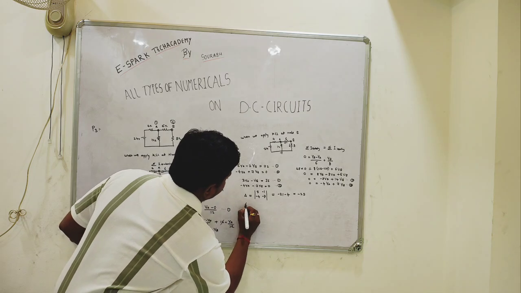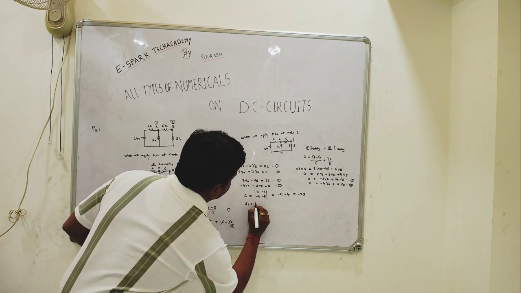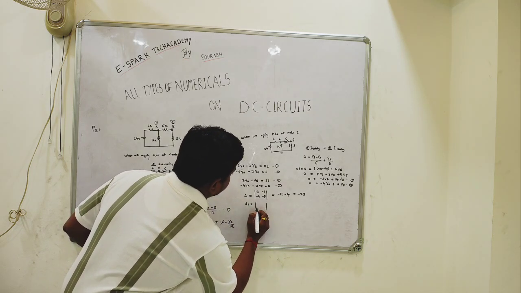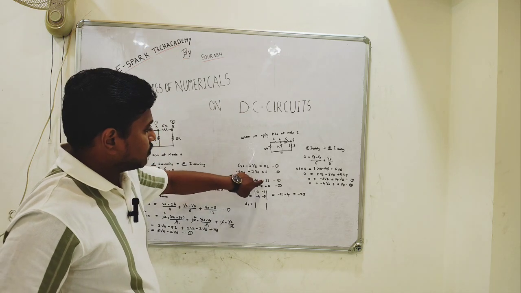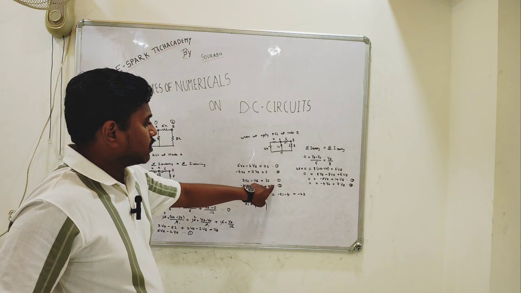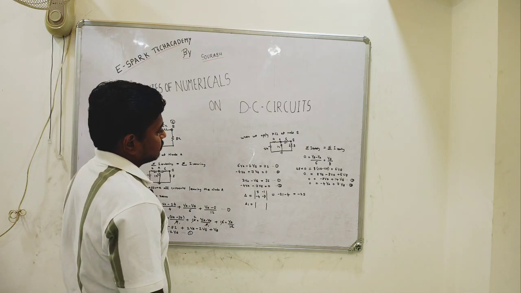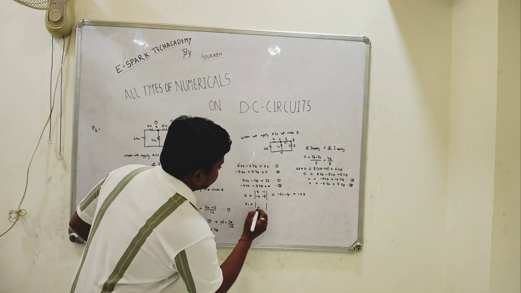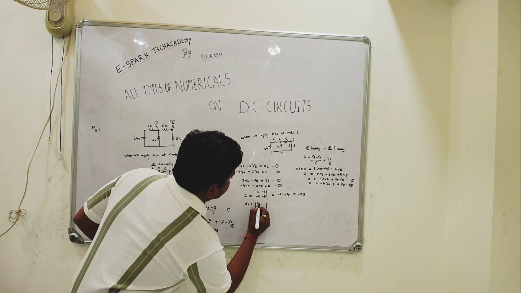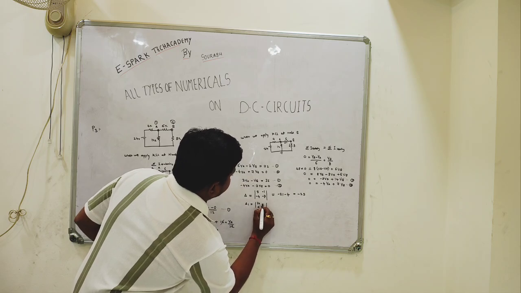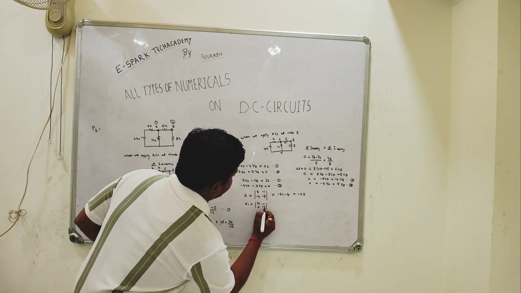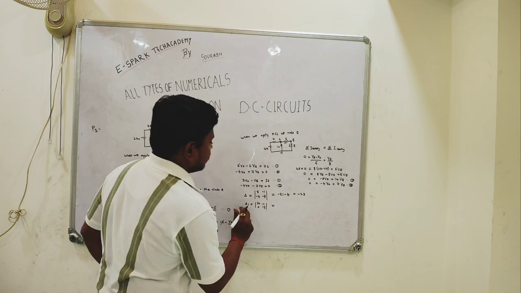Now delta 1 will be just replacing the first column with the right-hand side values, that is 36 and 0, and the other values will be the same, as we are calculating delta 1.